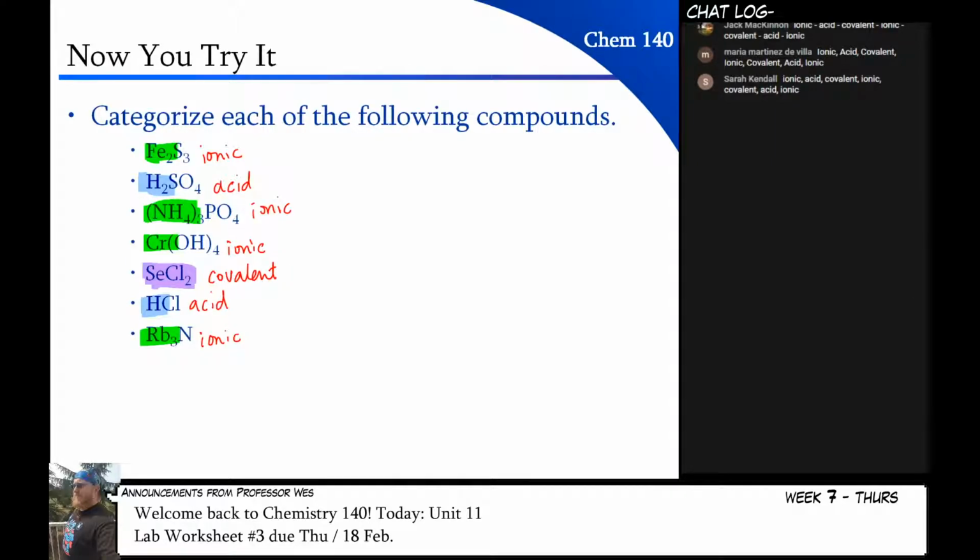There are the answers. Remember that ammonium showing up is an ionic compound, so be careful. That's how they get you. Any questions, let me know.